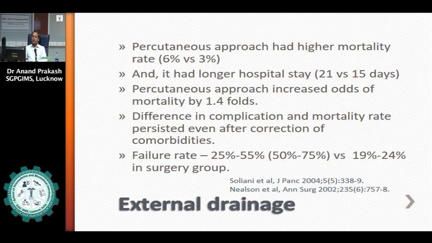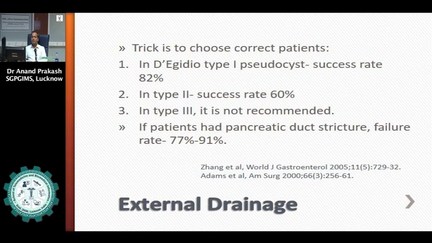Now one can also see in this study that the percutaneous approach increased the odds of mortality by 1.4-fold. That is pretty significant. The difference in mortality rate persisted even after correction for the comorbidities. So it is basically the condition of the patient. As I mentioned before, the complication in the management of pseudocyst of the pancreas is not the maneuver itself.